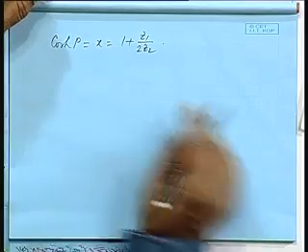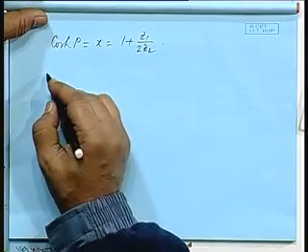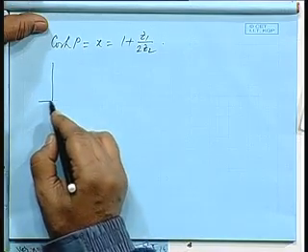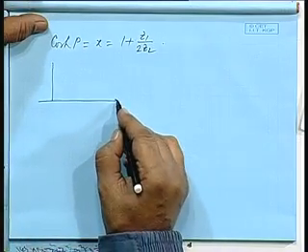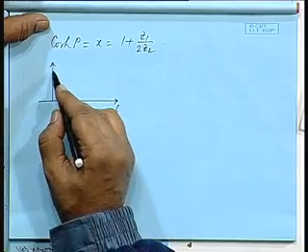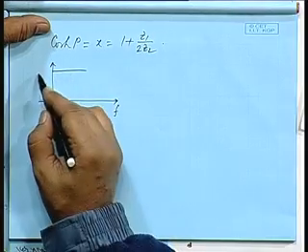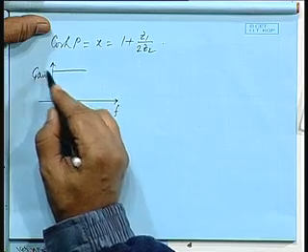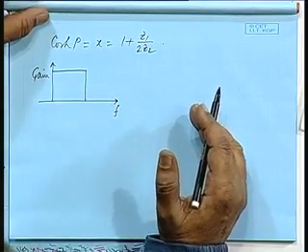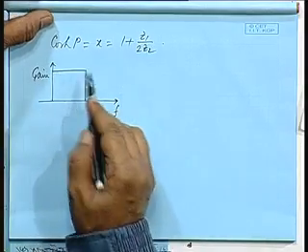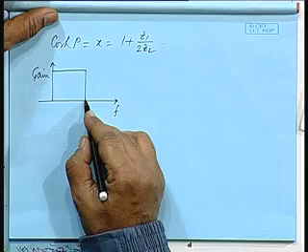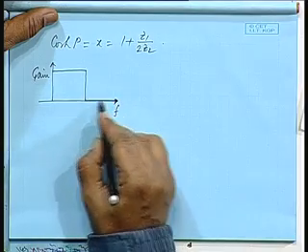Now, what does a filter do? Let us have a very basic elementary idea about the filter that we are going to discuss now. A filter is a network which will be allowing, say this is the gain, some of the frequencies present in the signal to pass through unattenuated, there is no attenuation, there is no change, and the rest of the frequencies are arrested, they are not allowed to go.